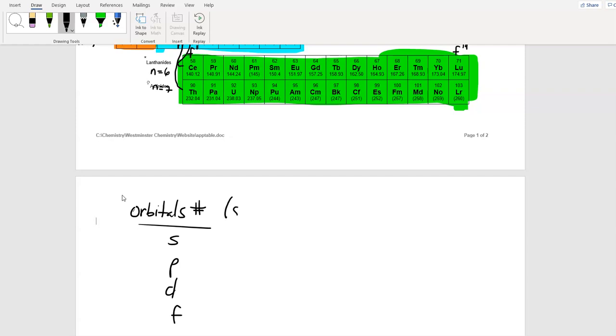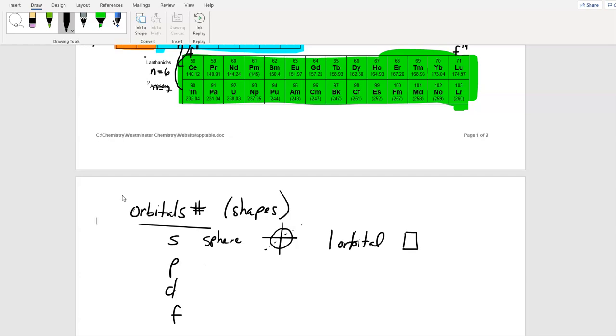Well, you've got to remember what those shapes look like. The S orbital was called a sphere. There's only one way you can draw a sphere, aka Mr. Circle, and that's it. So he has 1 orbital. That's it. So, 1 box, 1 orbital diagram.